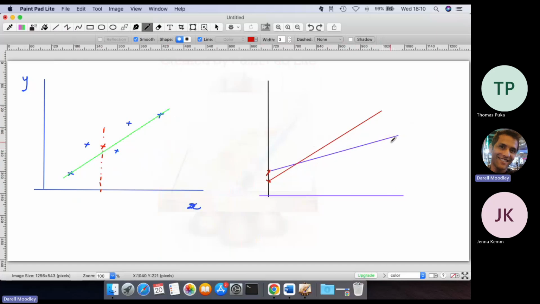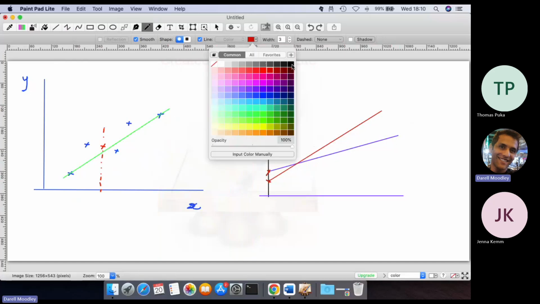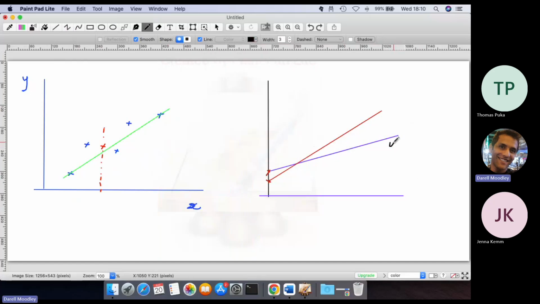And we write the equation of a straight line like this. I'm making up a number here. Let's say the equation for this purple line is y equals 1.5x plus 3.